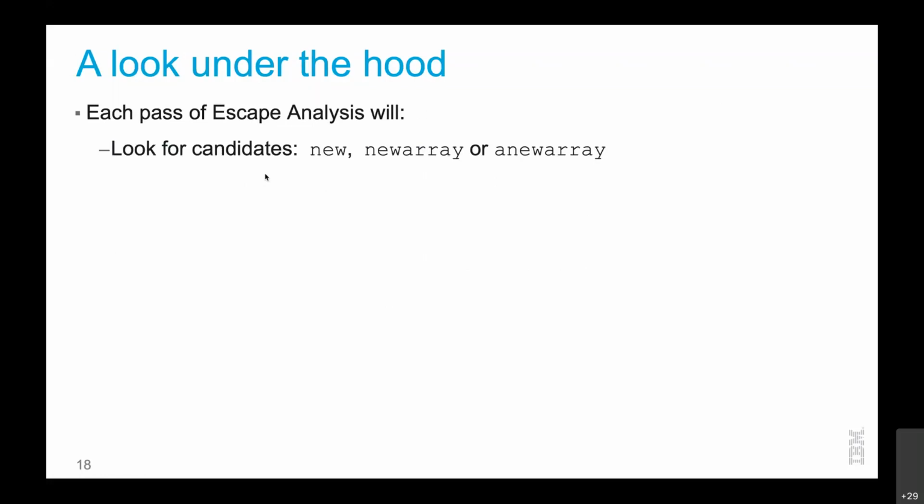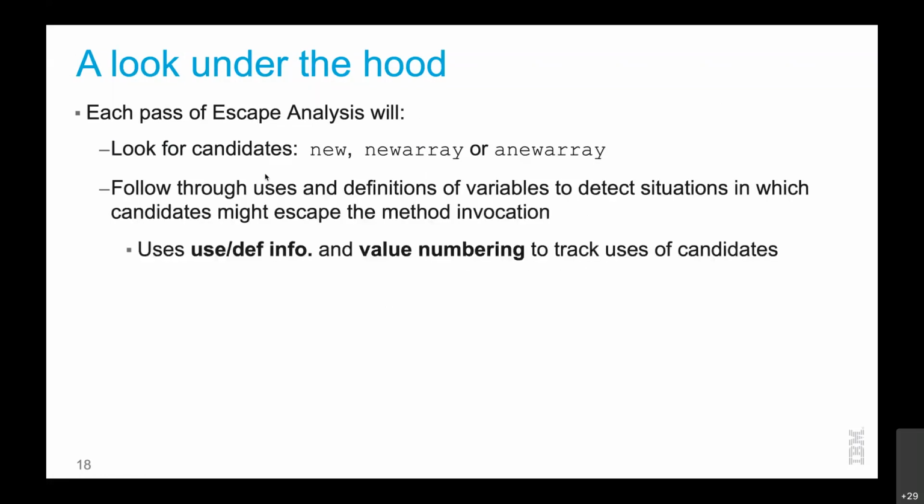So any of the situations in which we're allocating objects within the method or within inline code in the method. And it follows through the uses and definitions of the variables in an attempt to detect situations where those things might escape from the method invocation per the definition of escape that I was providing earlier.